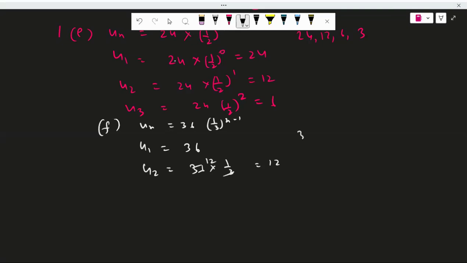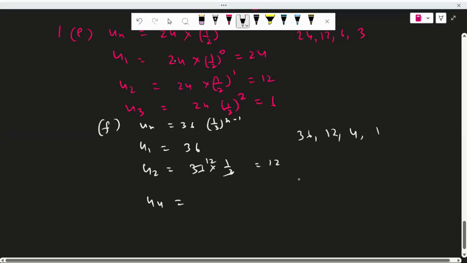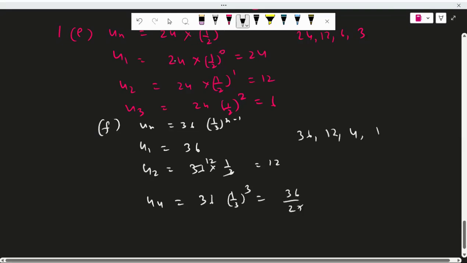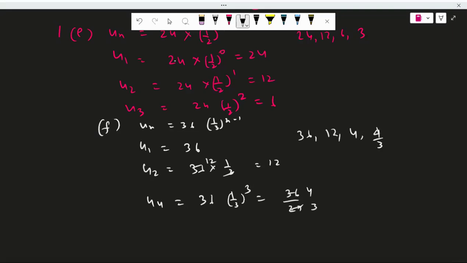So 4 terms will be like 36, 12, 4, and the fourth term U4 will be 36 times 1 over 27. That comes to 4 over 3. These are the 4 terms.